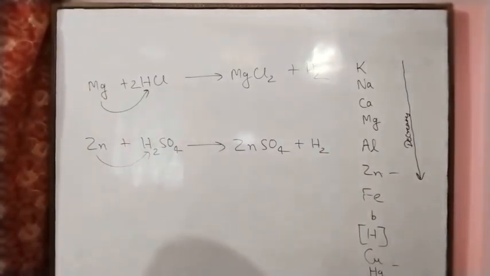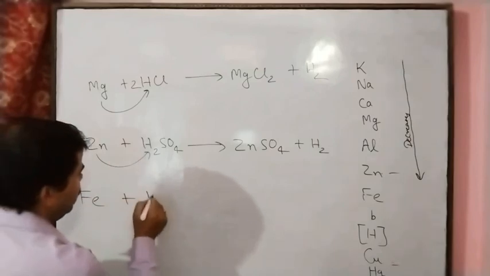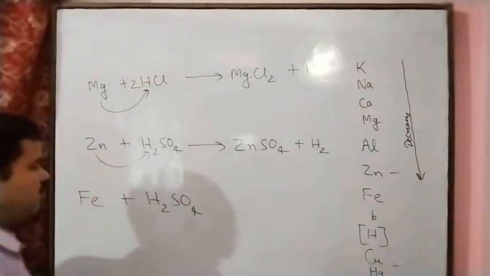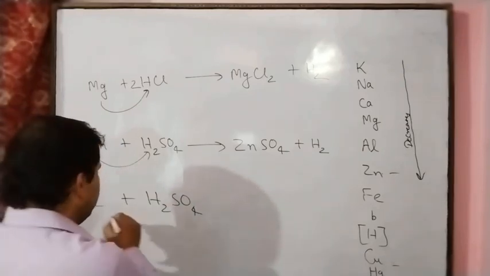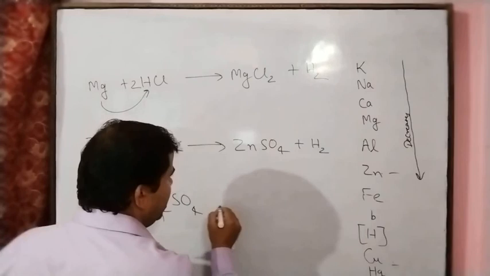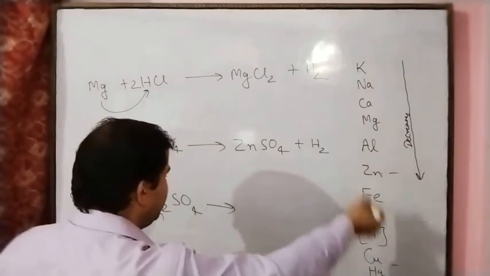In the same manner, when iron reacts with H2SO4, iron and hydrogen both have the positive nature. Iron displaces the hydrogen because iron is placed above the hydrogen in the activity series.